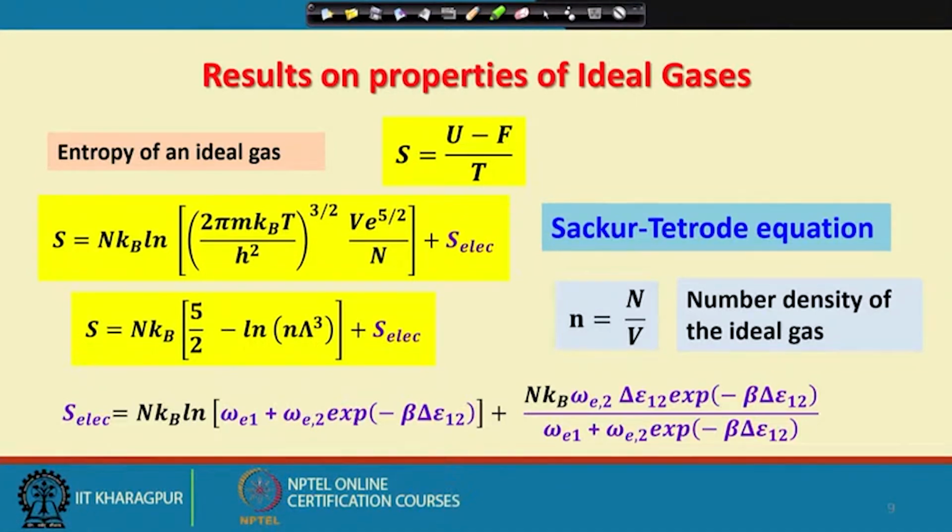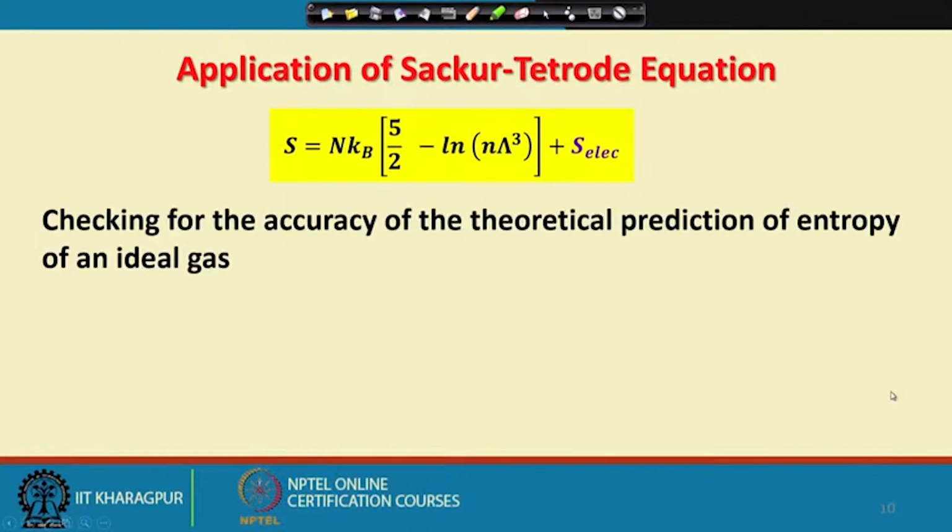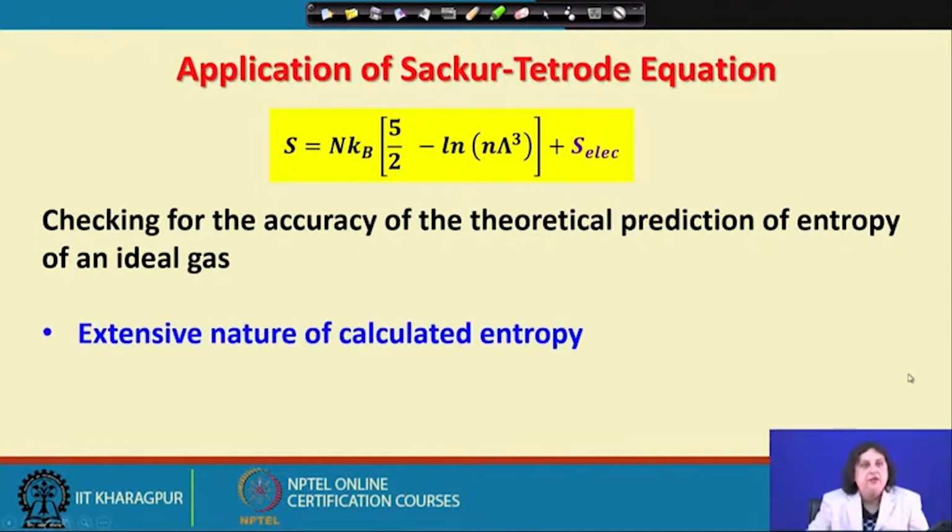We are going to use this equation now to do some of the following checks. First, we are going to check the accuracy of the theoretical prediction of entropy of an ideal gas, first by examining whether the entropy that we are calculating here preserves the extensivity of entropy as denoted by the basic formulation of thermodynamics.